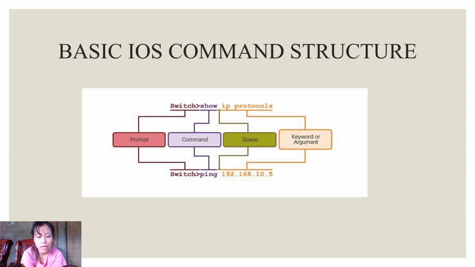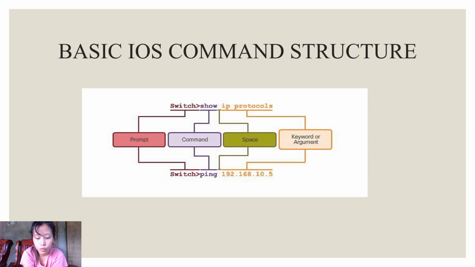The keyword is a specific parameter defined in the operating system; in the figure, it is the IP protocols. The argument is not predefined; it is a value or variable defined by the user. In the figure, it is 192.168.10.5. So again, that is the basic IOS command structure, as you can see in the picture.